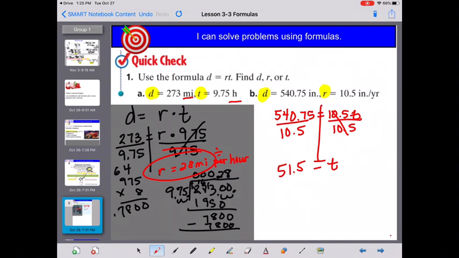And in this time, I look here at the label, and I can see the time label is years based on what it is for rate. The rate always has both the distance and the time.